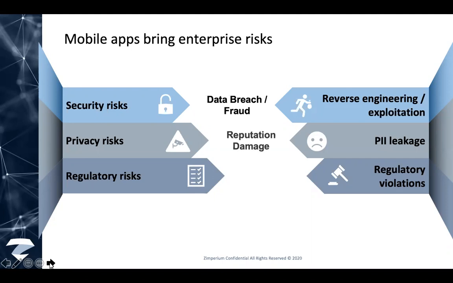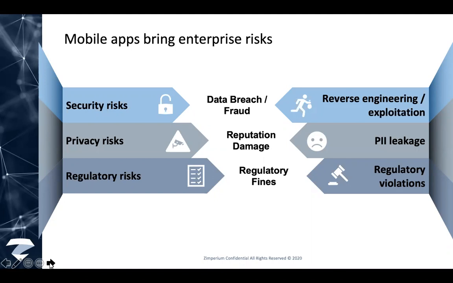Clearly, if privacy is leaked, somewhat related to the breach side of things, there could be huge reputation damage. And on the regulatory side, mentioning GDPR and some of the rest, if mobile apps expose information or are deemed to not be protecting information, regulatory fines can happen.